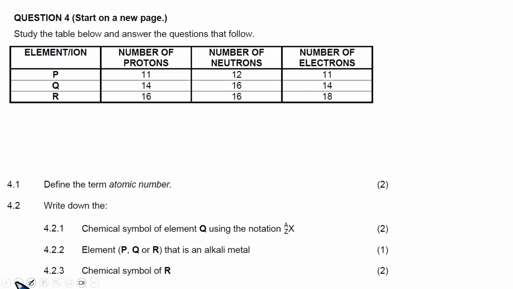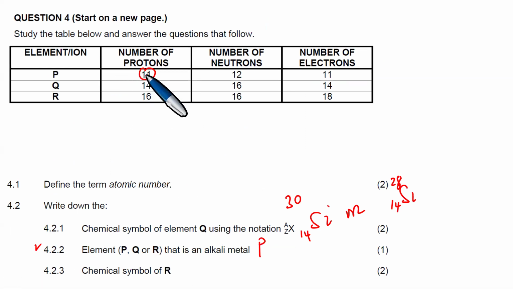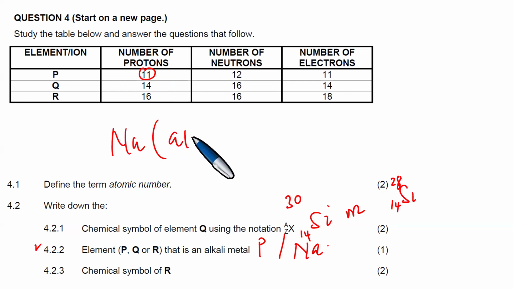So we're saying 11 is sodium. So you can say P is Na, and this Na stands for sodium. So write down the element. Is it PQR? That is an alkali metal. So this sodium is called an alkali metal from the periodic table. It's called an alkali metal in the periodic table.